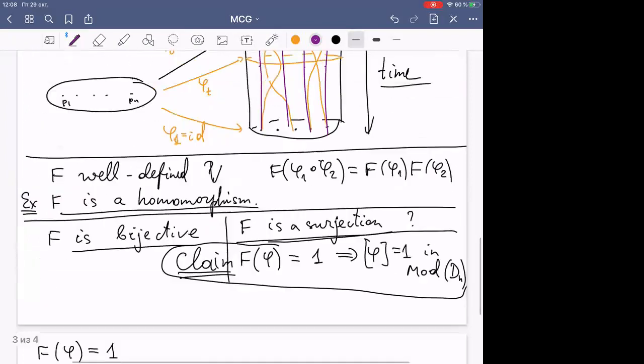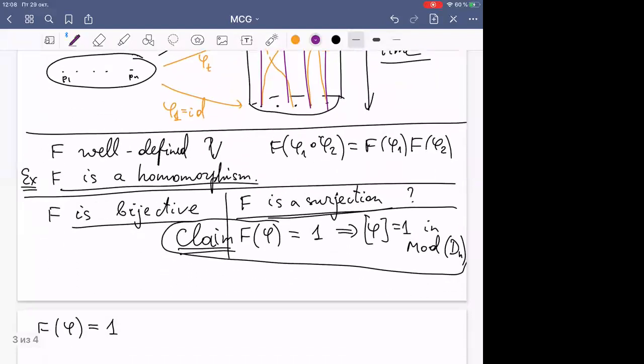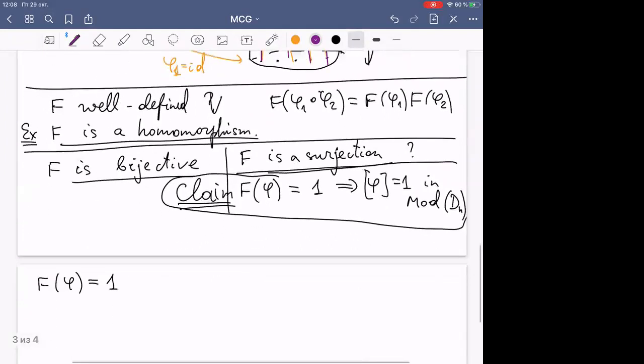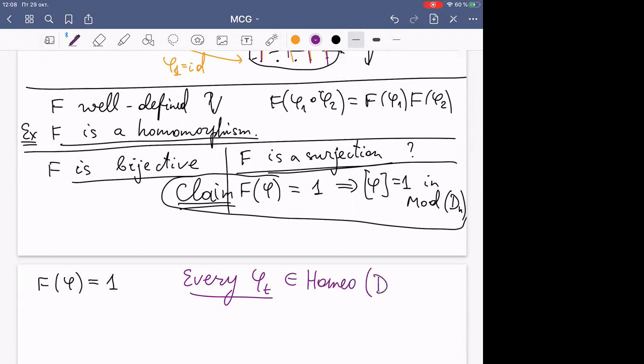So this means that for this isotopy, every such homeomorphism belongs to homeomorphisms of the disk of the n.